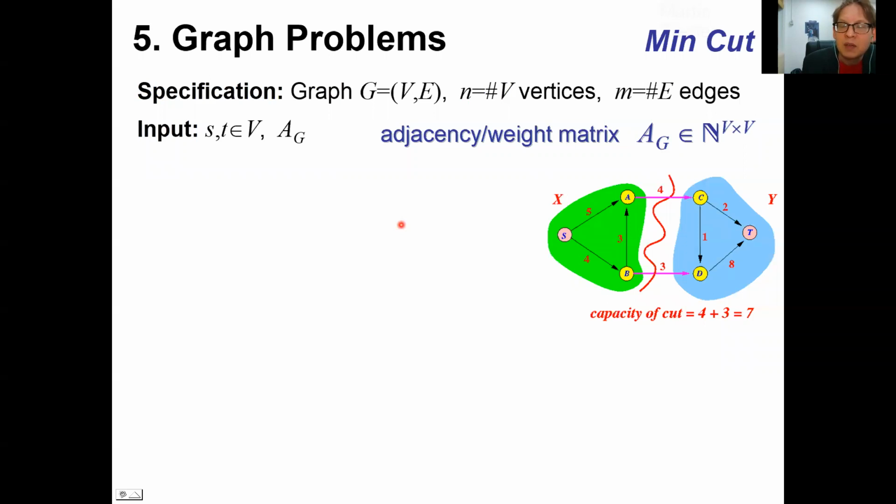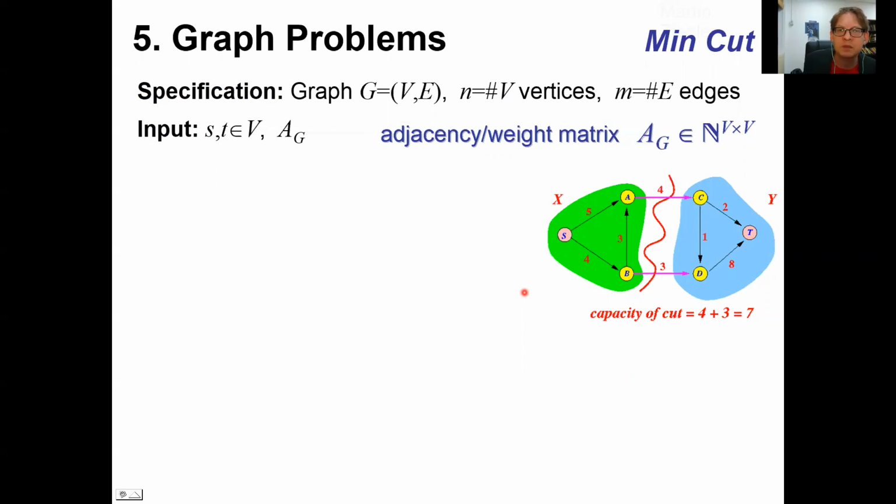And let me first explain to you what a cut is in such a graph. A cut is a partition of the vertices into two parts. You see that here, the green part and the blue part. The graph has 6 vertices, and we partition it into the green and the blue.